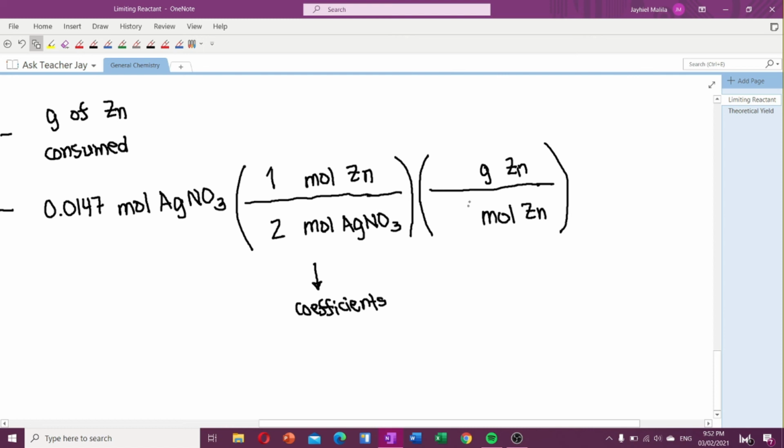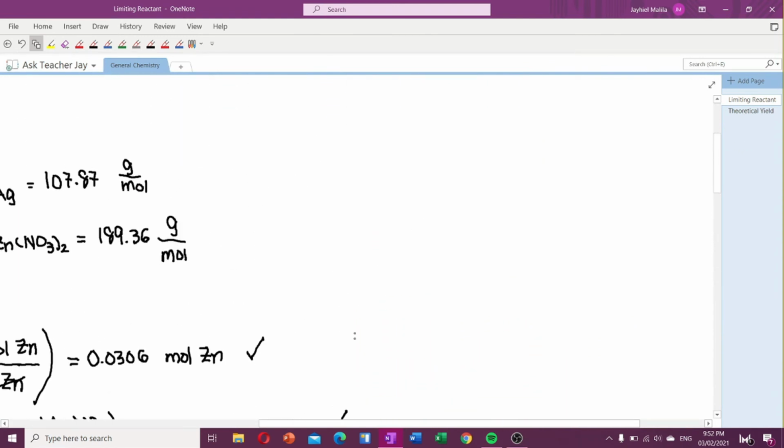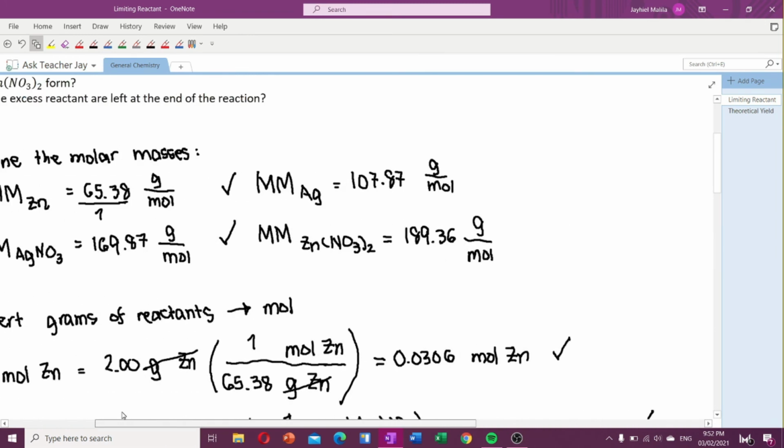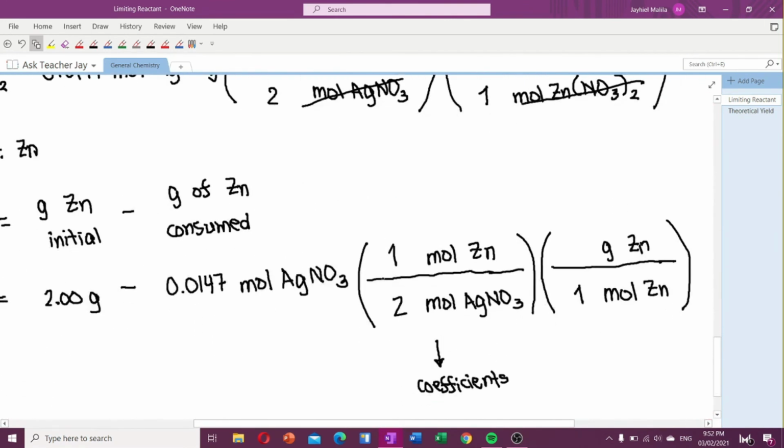And then we're going to write here 1 mole of zinc. The molar mass of zinc is, I think, 65. Am I correct? Yeah, 65.38 grams per mole. So we're going to write that here. Don't forget to cancel your units.